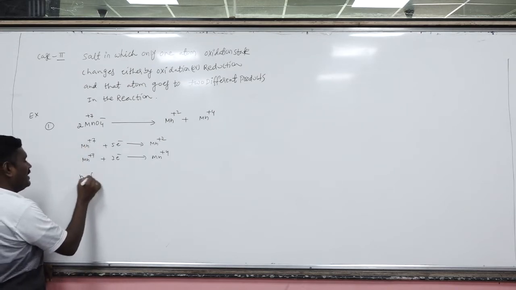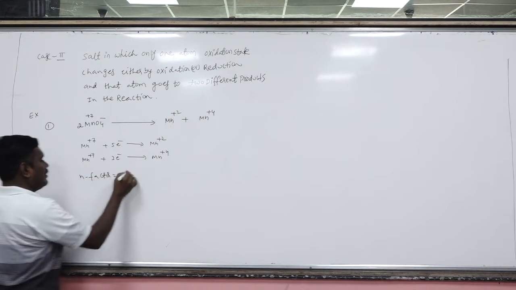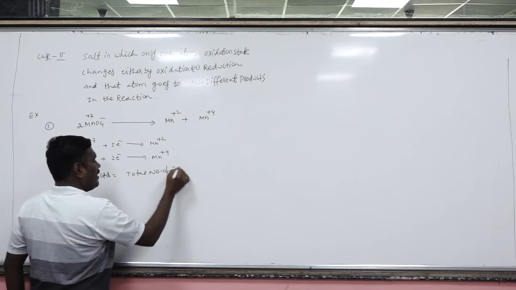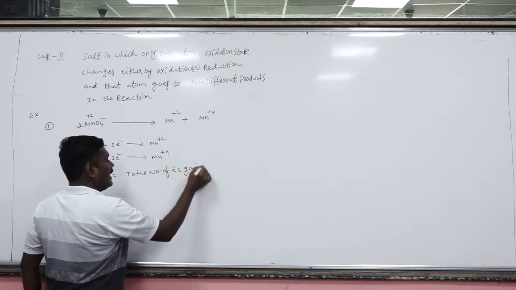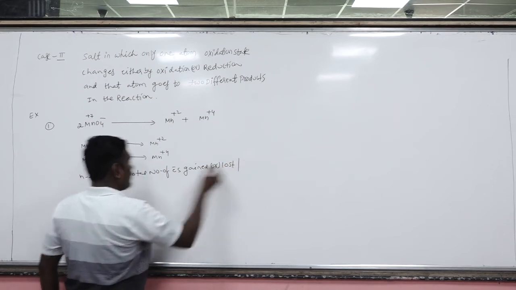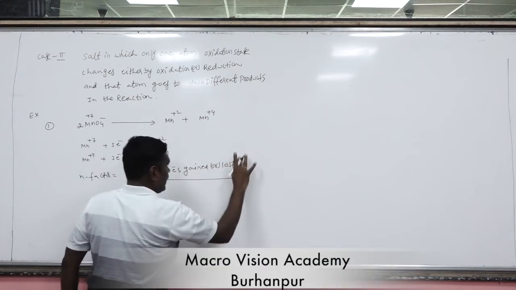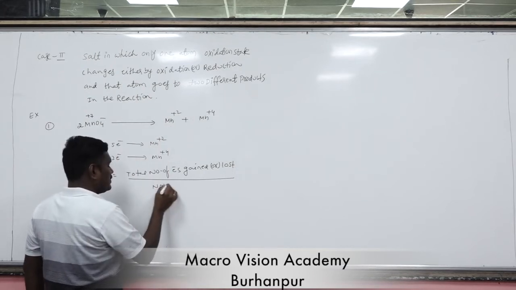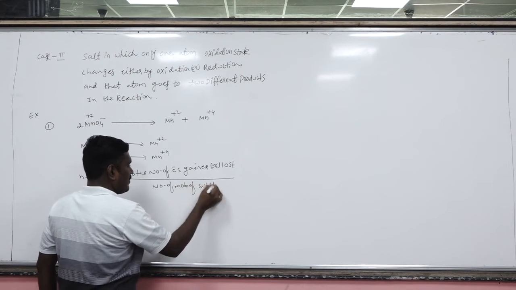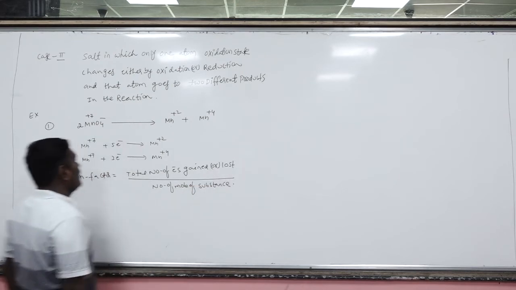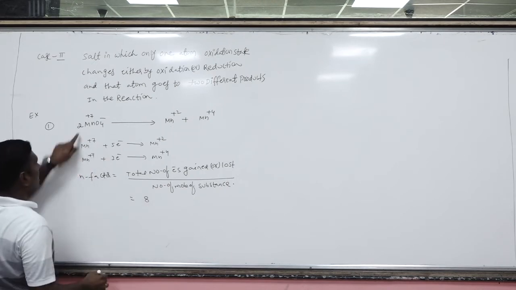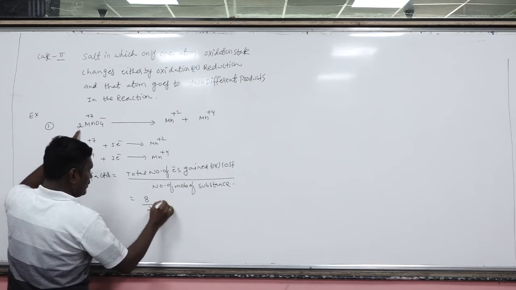Are you getting my point? So N factor is equal to the total number of electrons gained or lost divided by the number of moles of substance. Total electrons gained out of 2 moles, per mole.